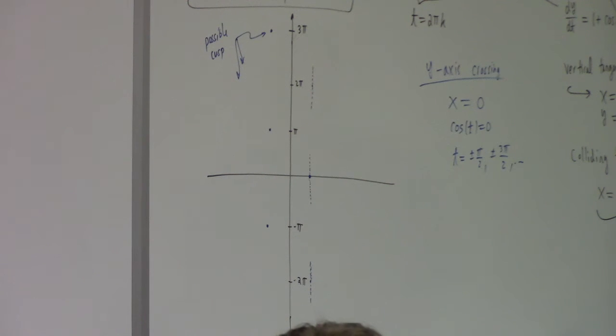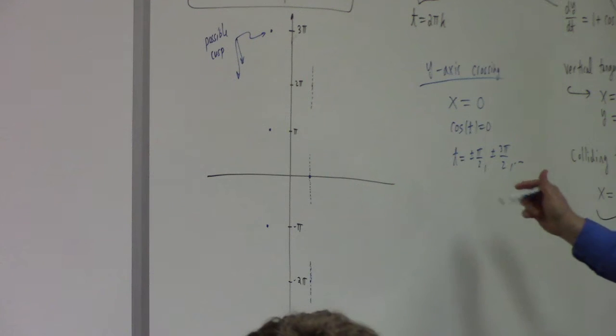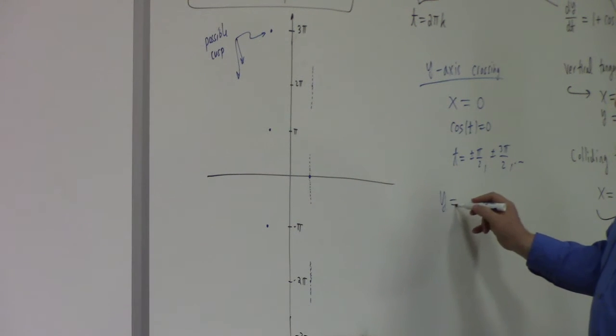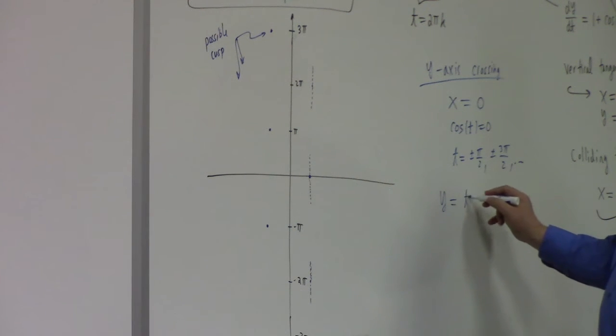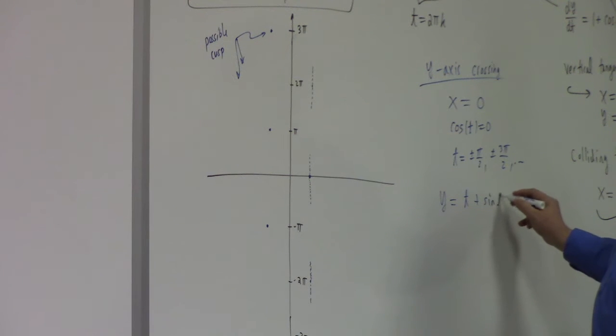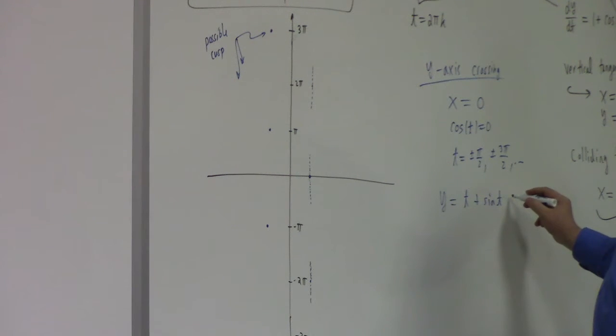So we have y, it crosses the y-axis where? Well, I shouldn't say that. Excuse me. That is the time that it's at x equal to 0, right? Where does it cross the y-axis here? What's y equal to? y is equal to t plus the sine of t, right? So that goes to what?